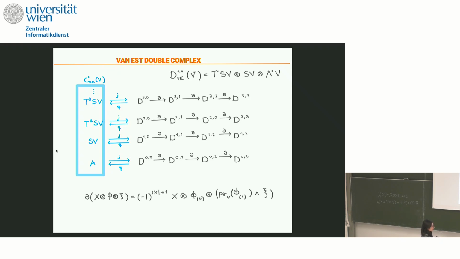X remains completely untouched. Then you want to increase the degree of the Grassmannian part.